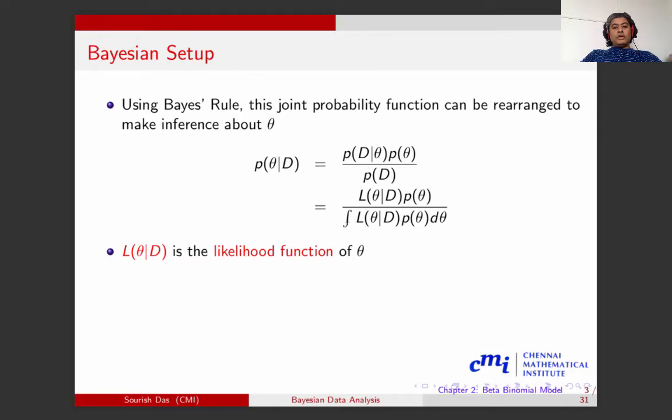And P of D is written as the integration over theta of L of theta given D times P of theta d theta. So the typical Bayes theorem is being applied.